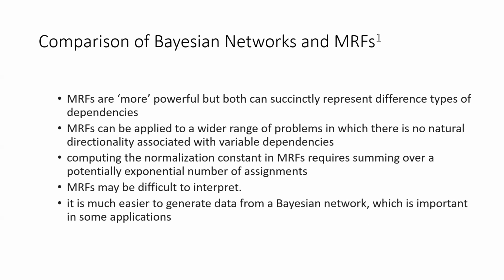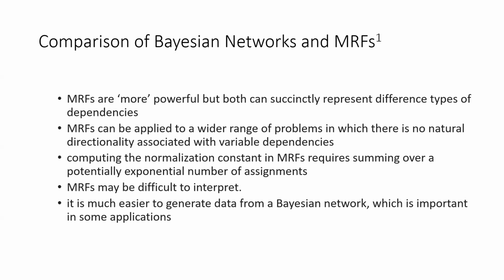The case here of more powerful is that they can represent more real world situations, because usually there is a relationship between two variables, two values, two actors, but you don't really know what kind of relationship this is. On the other hand, they both can succinctly represent different types of dependencies. Examples we saw basically were independencies, in the previous slides.